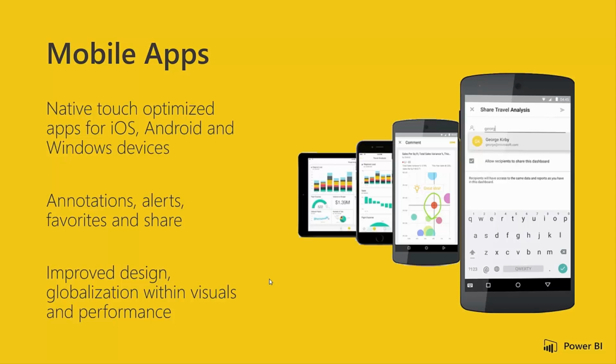It supports annotations, and proactive data-driven alerts where you can define your own thresholds so that when the data changes, you're notified on your phone. You can set favorites for one quick scan view of the metrics that mean the most to you, and you can easily share findings with your peers to take action while you're on the go.